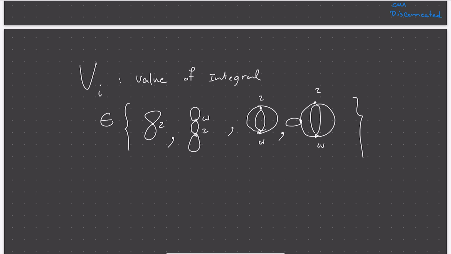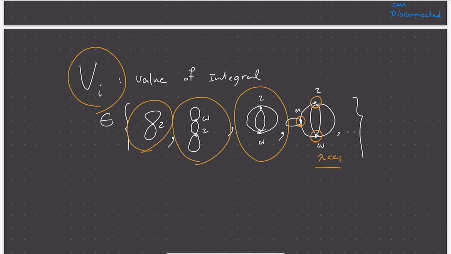Anytime you're adding something new, you get more complicated diagrams. But the whole point is that anytime you have these vertices, the coupling constant lowers the value in the integral. So imagine V_i represents the integral value of each of these bubbles, and I'm denoting them with i.